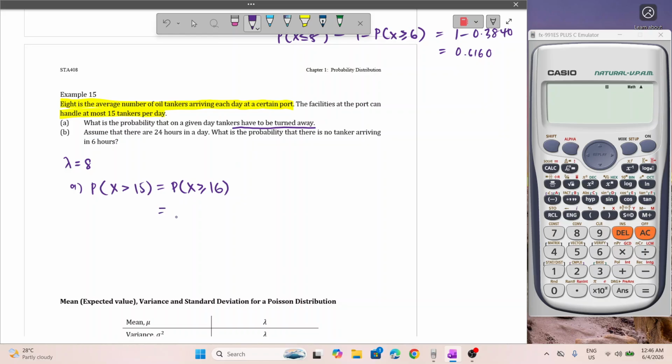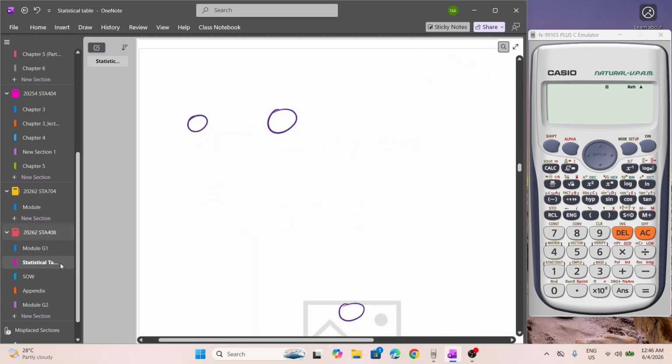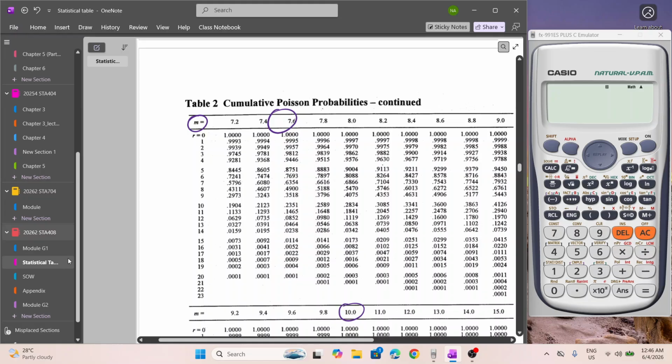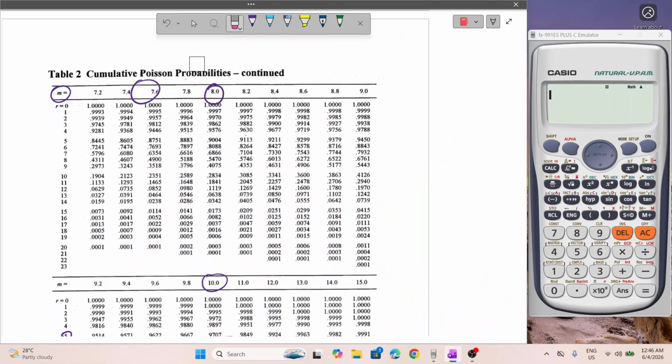All right, so now we have the information and you can proceed with the statistical table. The mean value is 8, right? The mean value is 8. And then you want to find the probability when 16 and above tankers need to be turned away.